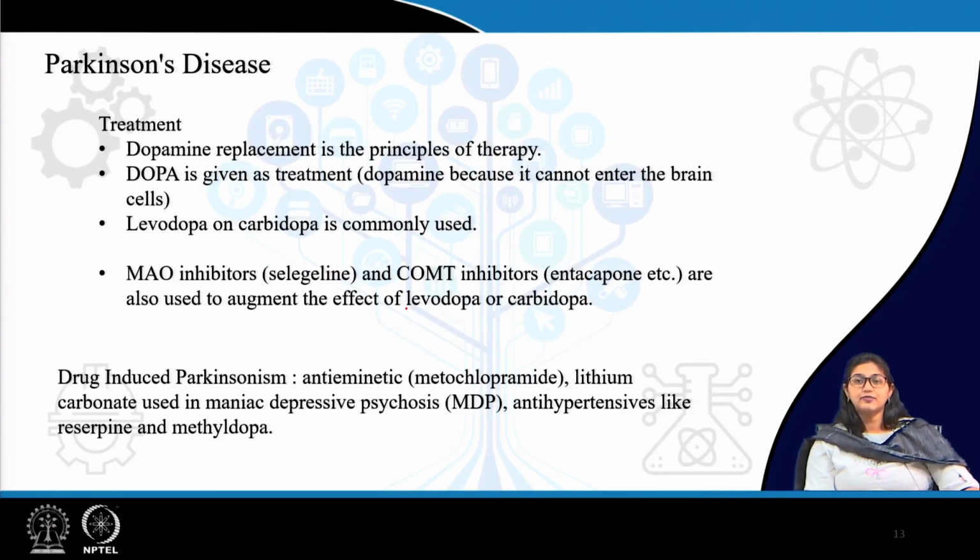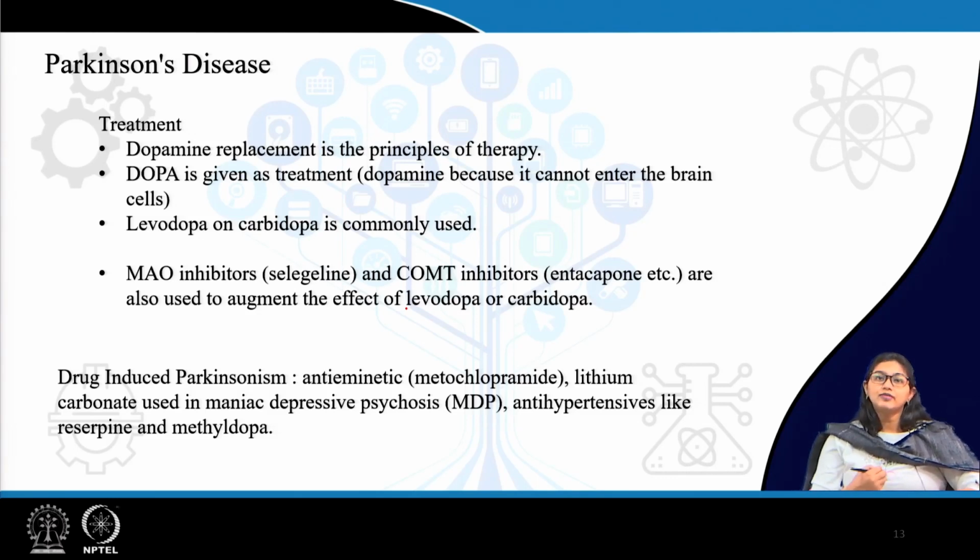So, what is the treatment? There is dopamine deficiency, so supplementation with dopamine is the main mode of treatment. Now, the problem is, if you directly give dopamine, it cannot cross the blood brain barrier. Dopa is the molecule which can cross the blood brain barrier.